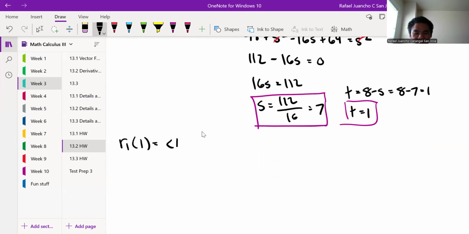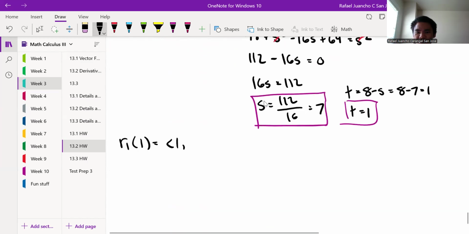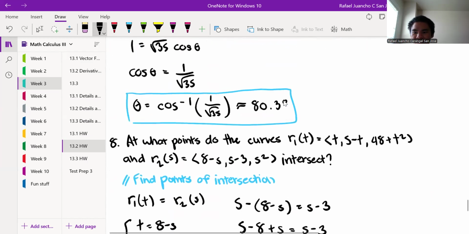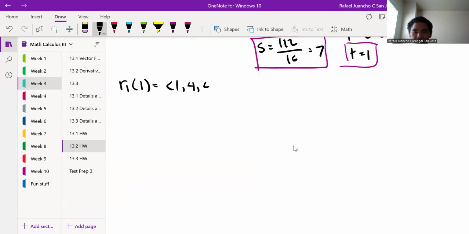Anyway, let's quickly do it. So we have R of 1, we have 1, right? That's the point. T is 1. 5 minus 1, so that's 4. And lastly, 48 plus 1, that's 49. Okay, and then for the second curve we plug in a 7 just to see if it works.